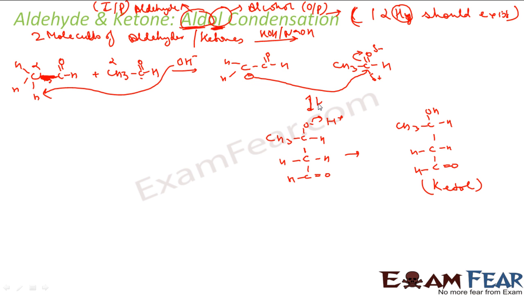Now if you heat it further, what will happen is a water molecule will come out. OH from here and H from here, it will form a double bond. So 1 H from here, 1 OH from here, it will form a double bond. That is only if you heat it. And with this, what you get is ketone.